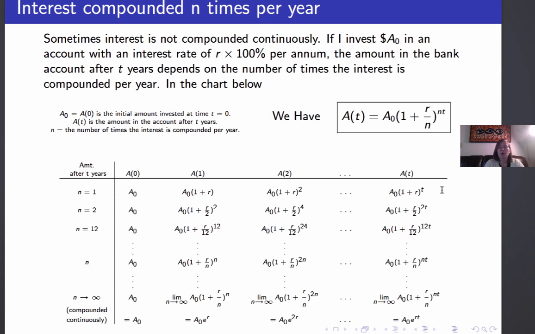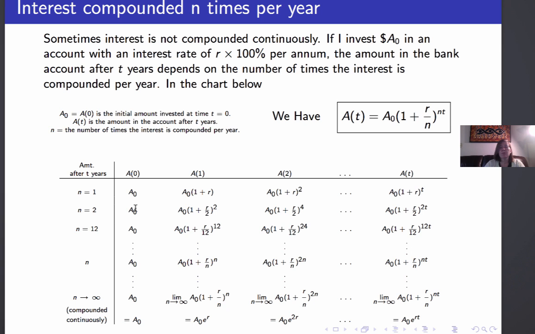Now, suppose that the interest is compounded every 6 months, so twice a year. At the end of 6 months, the teller figures out how much was in the account at the beginning of that 6-month period, and adds r over 2, the interest rate divided by 2, times that amount to the amount in the account.